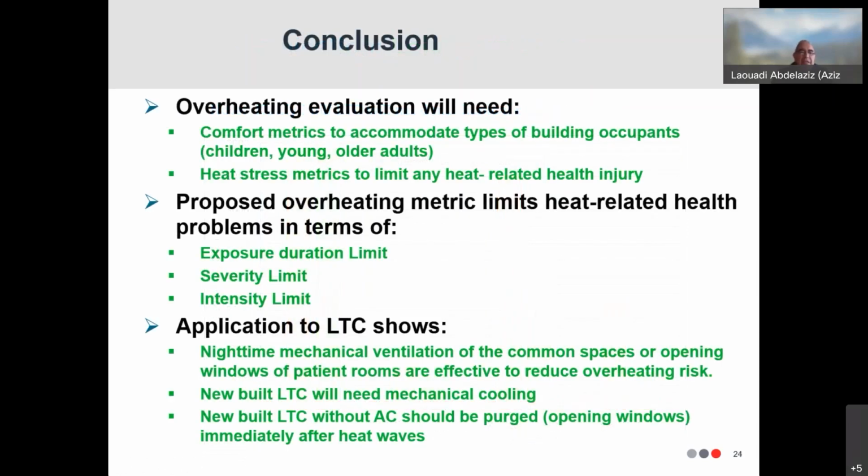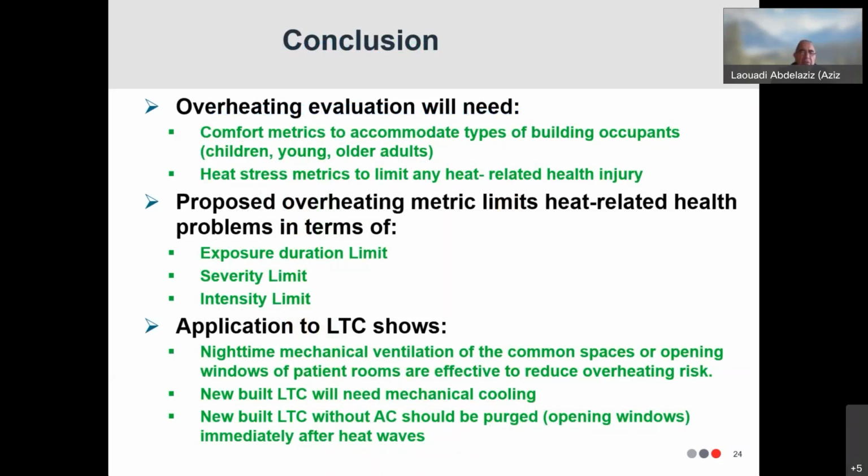So to summarize, overheating evaluation will need comfort metrics to accommodate types of building occupants and heat stress metrics to limit any heat-related health injury. The proposed methodology is based on health outcomes, and its limit criteria is basically limiting the exposure duration, the severity and intensity of overheating.